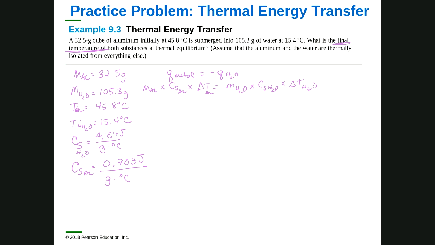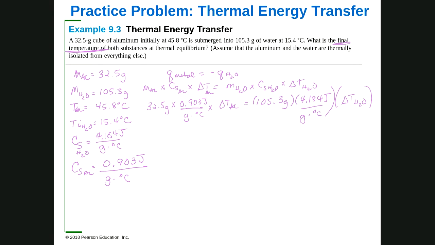I'm going to plug in the numbers that I have. 32.5 grams times 0.903 joules over gram times degrees C times delta T, and I don't know what delta T is, so I'm going to leave it as the delta T of the aluminum, equals 105.3 grams times 4.184 joules over gram times degrees C times delta T of the water.